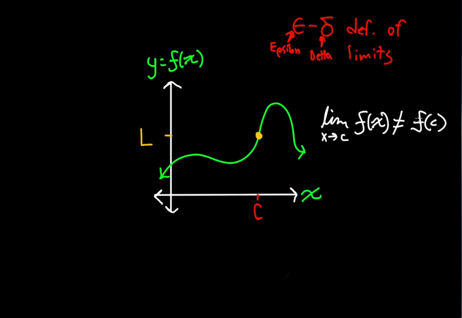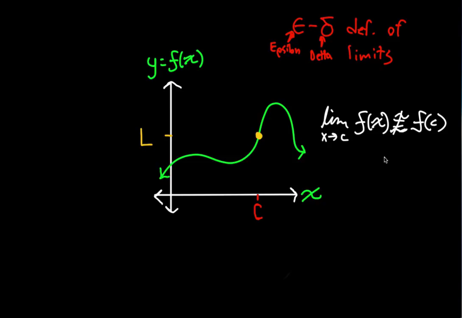For a continuous function, it would be, but it's not necessarily equal to f of c. So how can we define this limit otherwise? Besides using our floppy, oh, it's getting close to this.